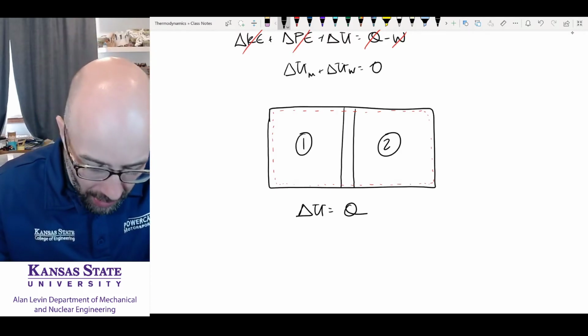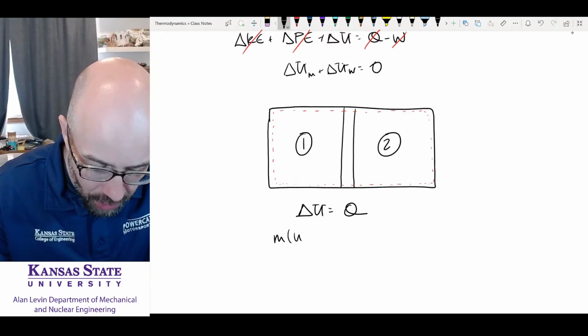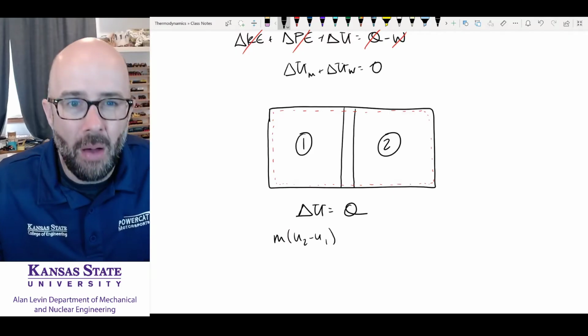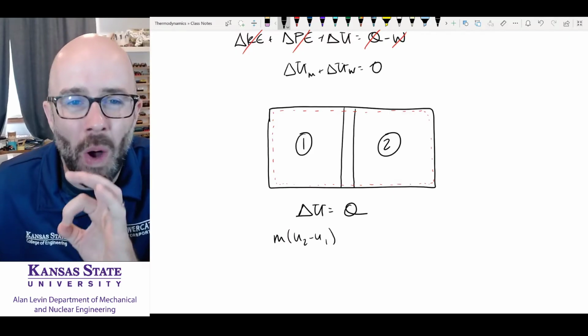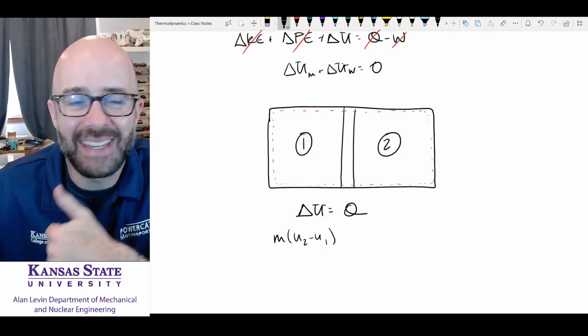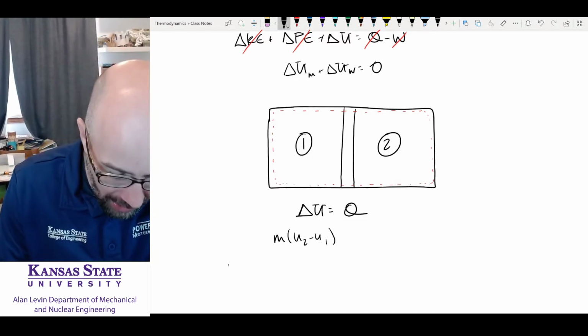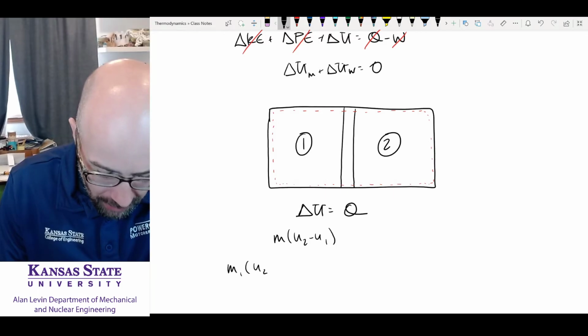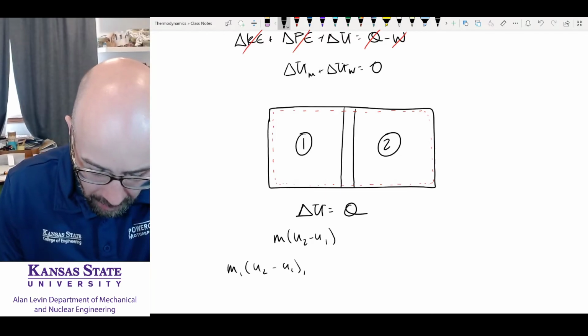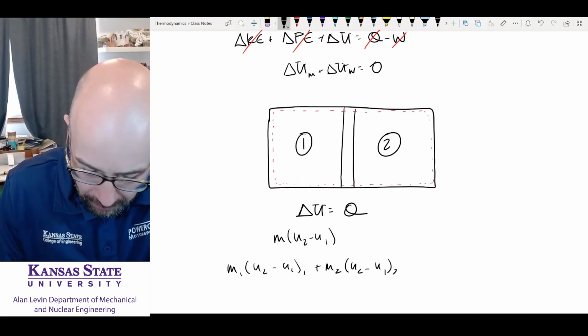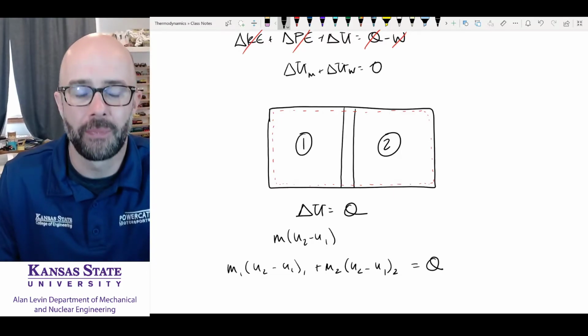Well, the delta U, I can't just write this as mass times U2 minus U1, because my internal energy at state 1 is different for both of these. So I have to write mass of 1 times (U2 minus U1) of 1 plus mass of 2 times (U2 minus U1) of 2 is equal to the heat transfer.